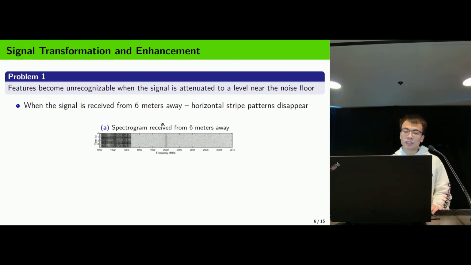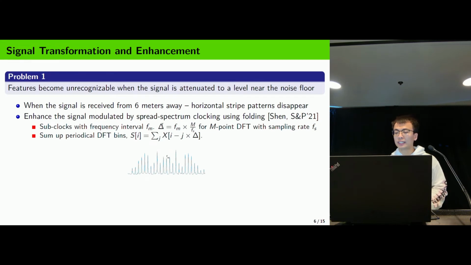We solve this problem by applying a technique called folding. Basically, when a signal is modulated by the SSC, there will be a series of subclocks with a fixed interval f_m, equal to the modulating frequency of the SSC. Accordingly, in the DFT results, there are periodical bins with a fixed interval delta.